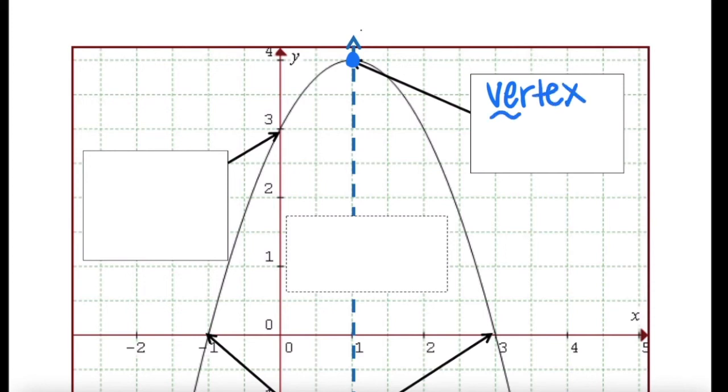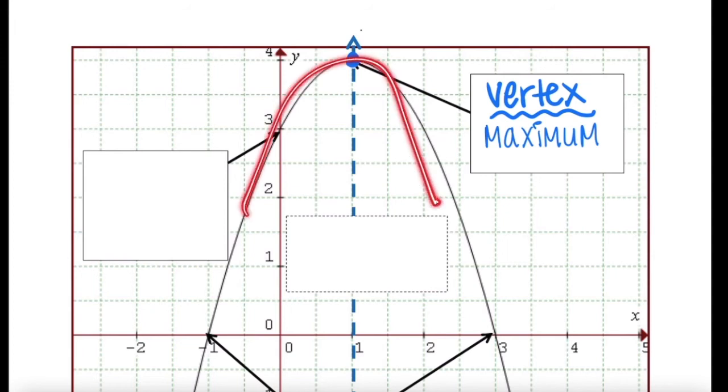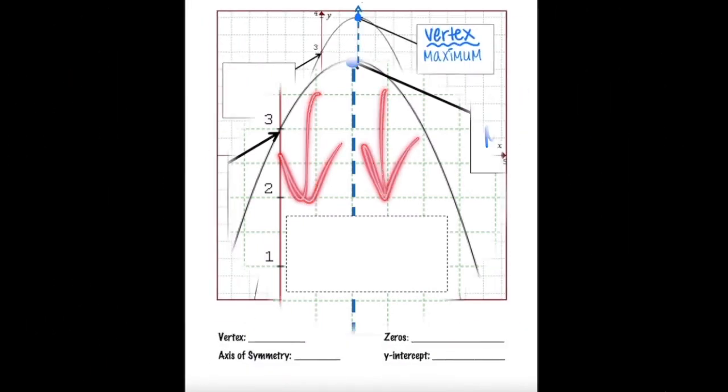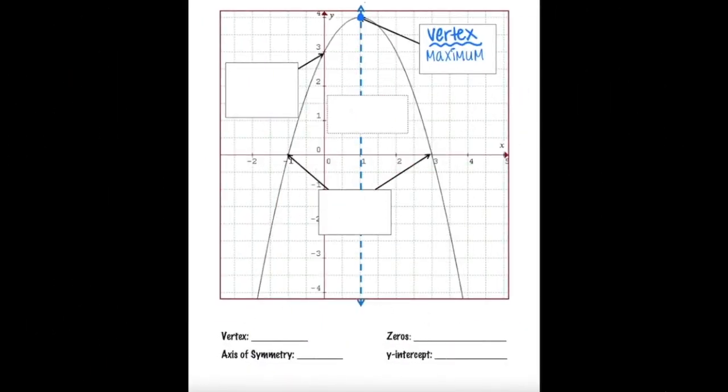And in this case, our vertex would be considered a maximum value. The reason why this is a maximum value is because it is at the very top of our parabola. Every other solution point is below it. Down at the bottom here, let's write down the coordinates. It looks like this vertex is at 1 and 4. When x is 1, y is 4.